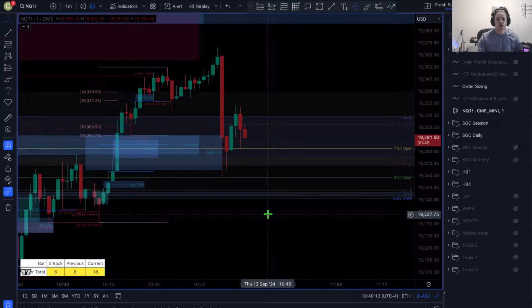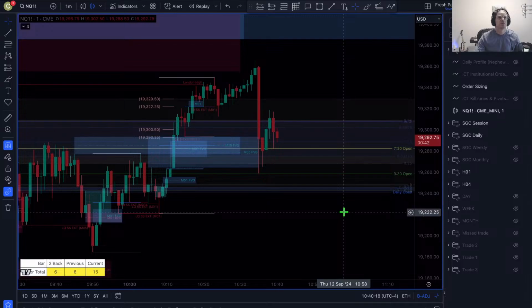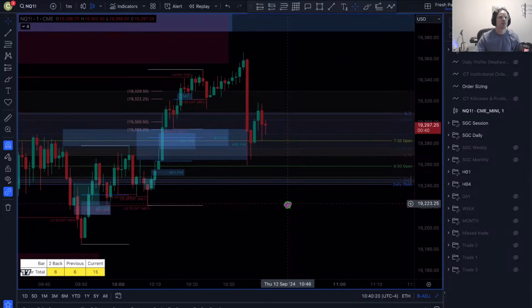M1's looking like it's going down. Yeah, you could start to form some sort of AMS on the M1 out of here.